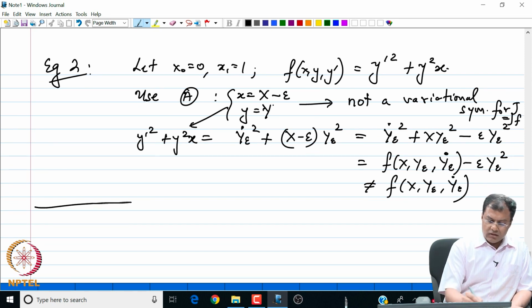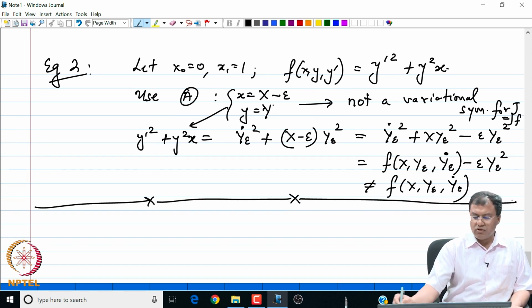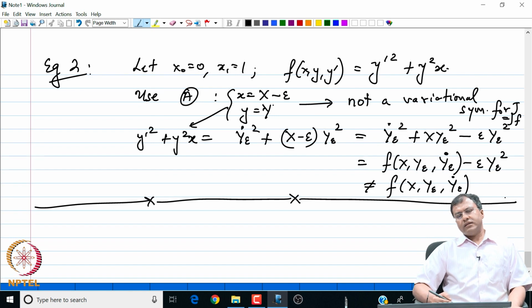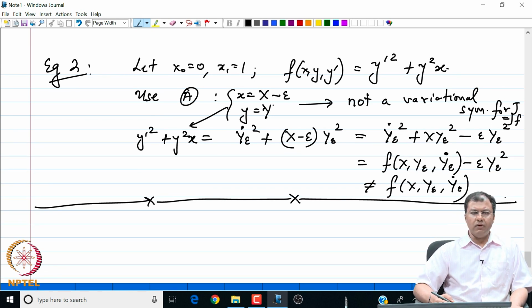Okay. So this gives us some perspective as to how to check whether a transformation is a variational symmetry or not.